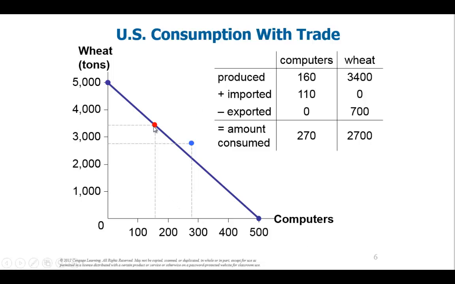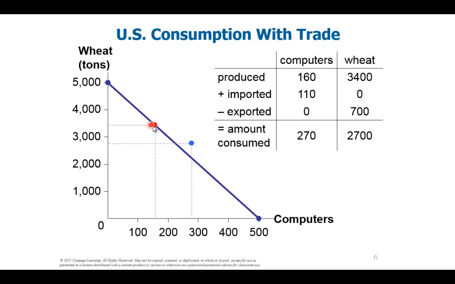In this graph here, we see that the red dot, let me put this here, we see here that this dot represents production. This is what the United States is able to produce. And this dot here, which is blue, I'm not sure if you can see that it's blue, but this dot here represents consumption.